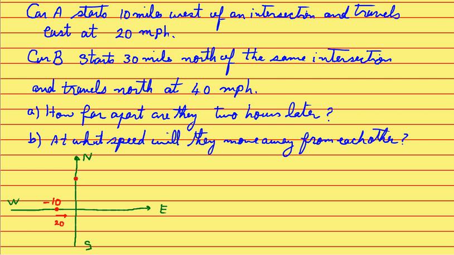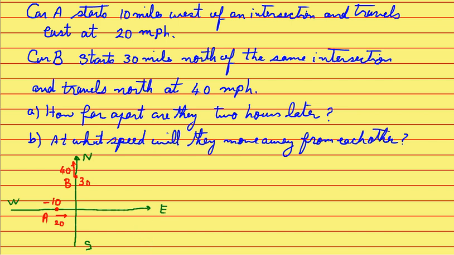Car B is 30 miles north, so this is 30. That is traveling a lot faster. That is traveling 40 miles per hour.